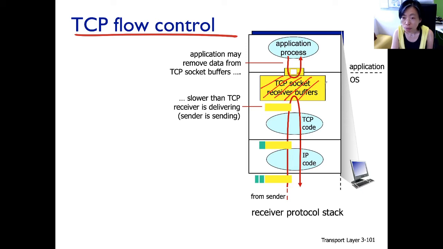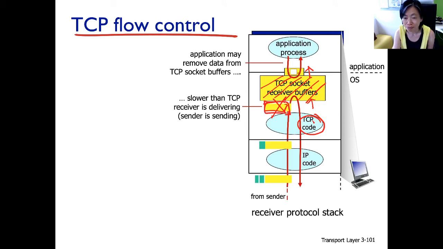More and more and more, because outgoing is slow, incoming is fast. And eventually the space is going to be exhausted. The subsequent data will be dropped right there between the TCP receiver and the receiver buffer. And this is super bad because TCP here is working very hard to try to get this packet in.